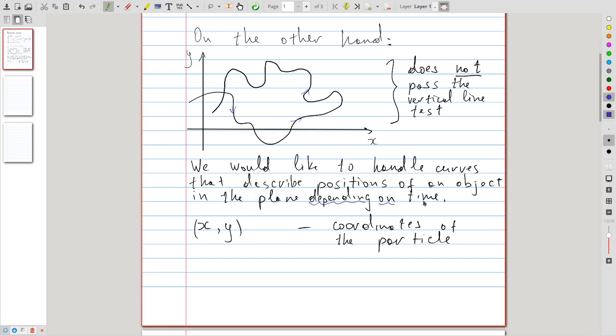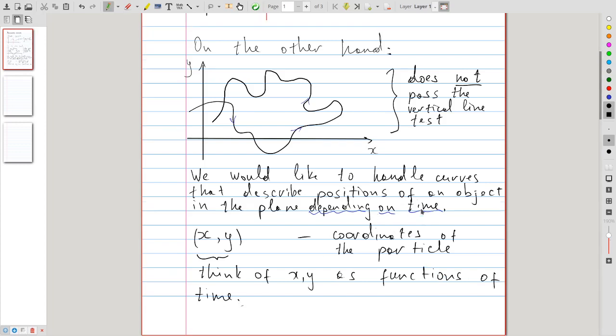At different times, the particle occupies different points x, y. In other words, both x and y somehow depend on time. So think of x, y as functions of time.